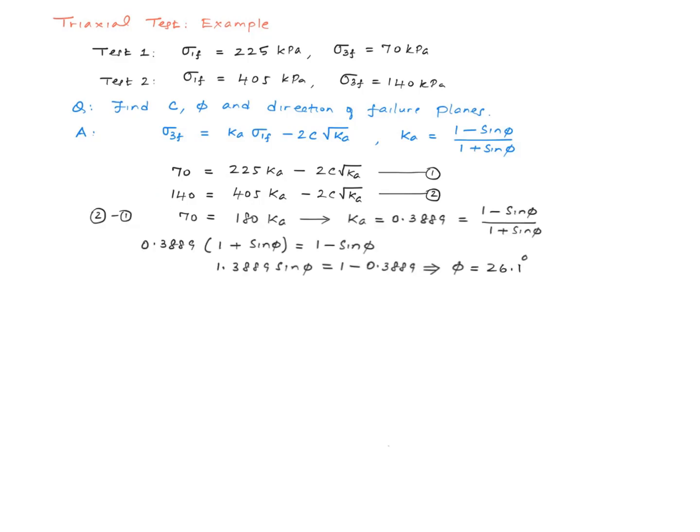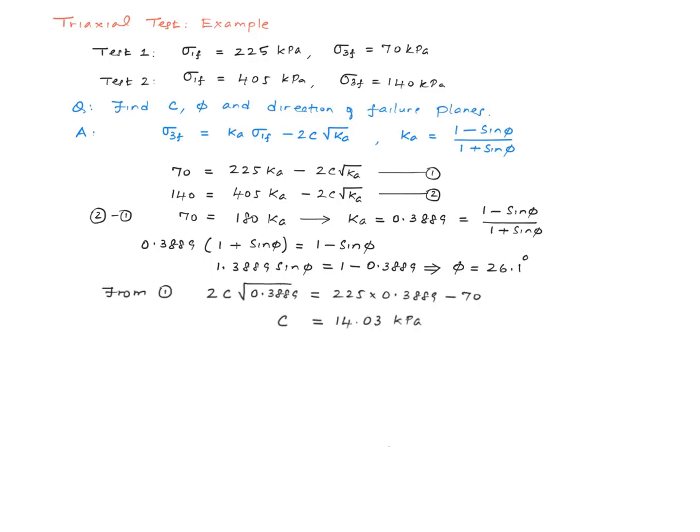By subtracting one from the other, I am able to first calculate a value for Ka, which came out to be 0.3889. But we know Ka equals 1 minus sine phi over 1 plus sine phi. So utilizing that equation, I get a value of 26.1 degrees for the friction angle phi.